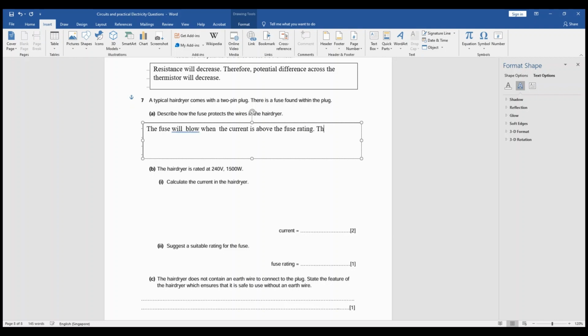This will cause the circuit to be open, or you open the circuit.